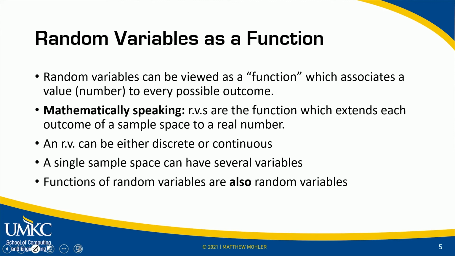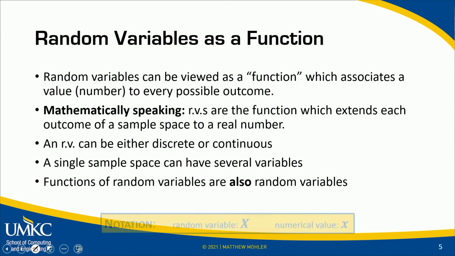So there's some general notation that we'll use throughout the concept of random variables, and it's important that you recognize this notation now because it will be important as we look at random variables.